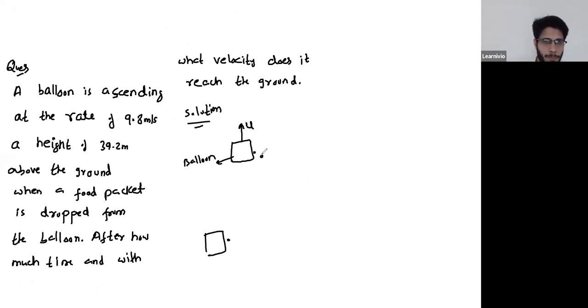If you drop the packet from here, first the packet will move in the upwards direction to a maximum height where its final velocity becomes 0, and then it will start falling downwards. This is the packet.